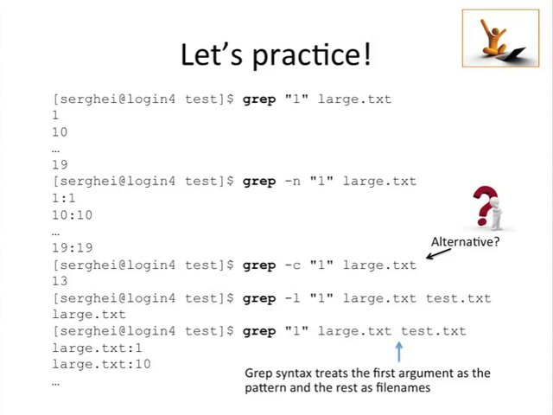I guess it should be a little bit larger for us. Okay, so can you think of an alternative way to do it? If you don't know the -c option, or you forgot it, all you know is that you can grep the lines which contain the digit 1. So what would be the alternative way to do it without -c? Any ideas?